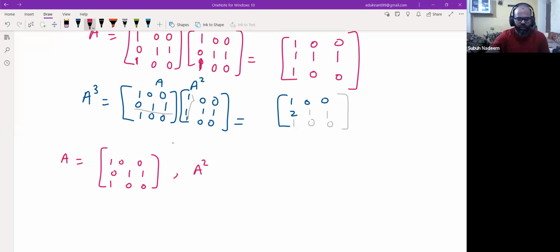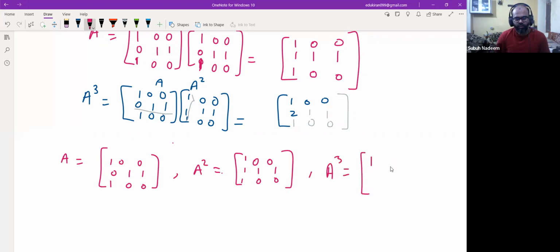A square which we obtained is 1 1 1, 0 0 1, 1 0 0, and a cube which we obtained is 1 0 0, 2 1 1, 2 1 1, and 1 0 0.